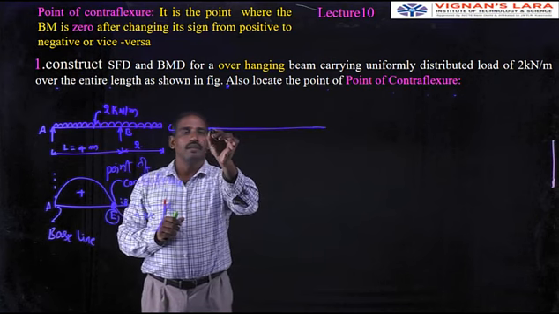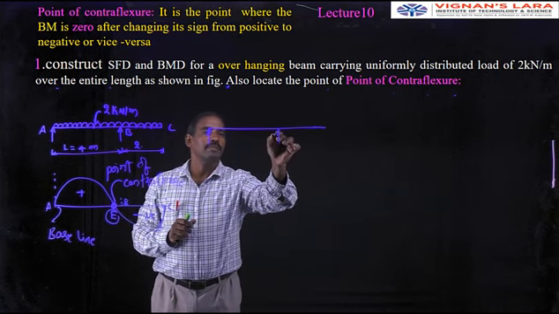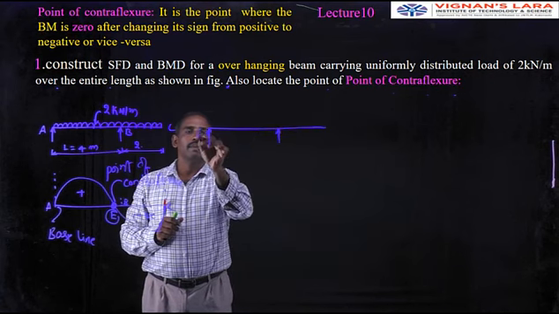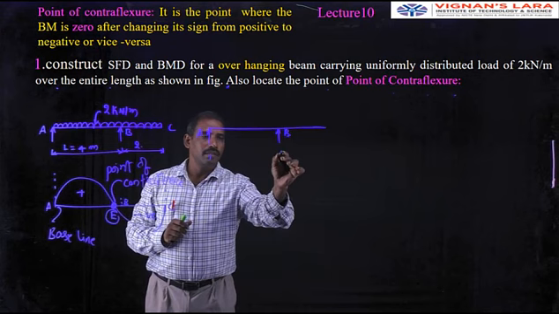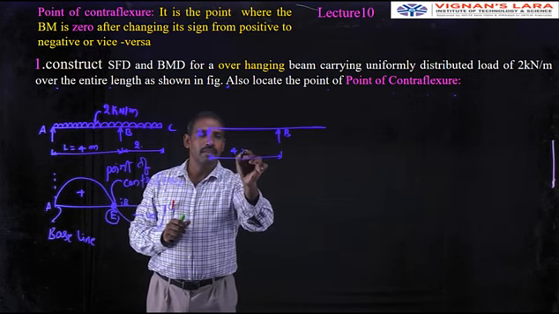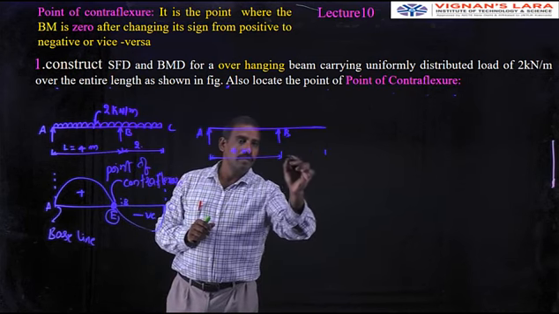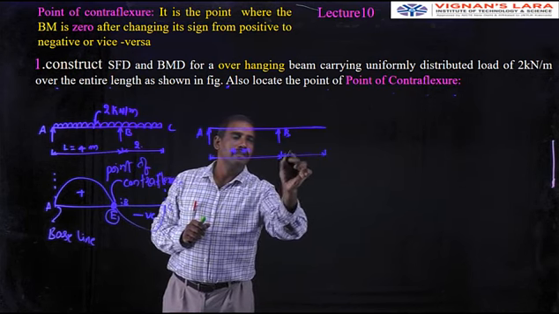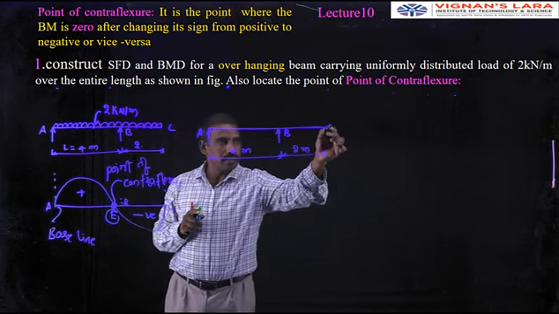Simply, the overhanging beam is the extended portion of the simply supported beam. The beam is supported at A and B of length 4 meters and the rest of the length is 2 meters. So this is 2 meters. So this is the point C.